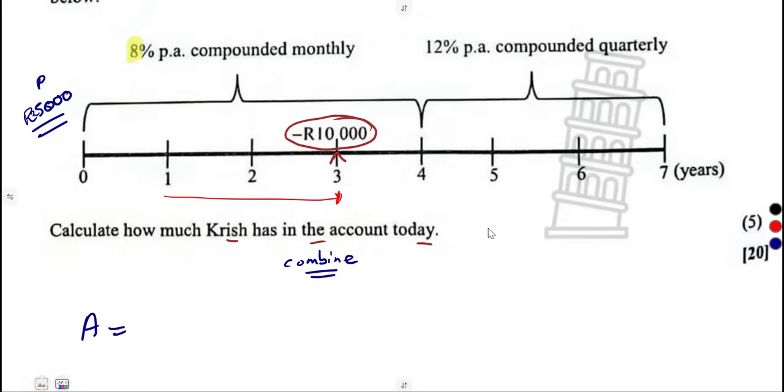So the 4 years is now subdivided: we're going to talk about the first 3 years, then 1 year to make them 4, because the condition is they are under the same interest rate.